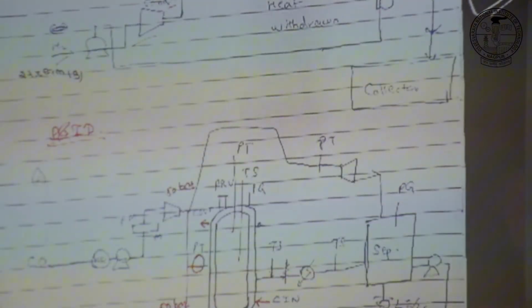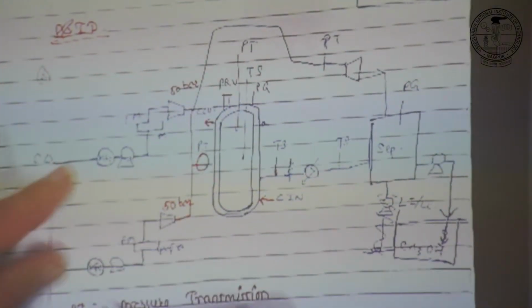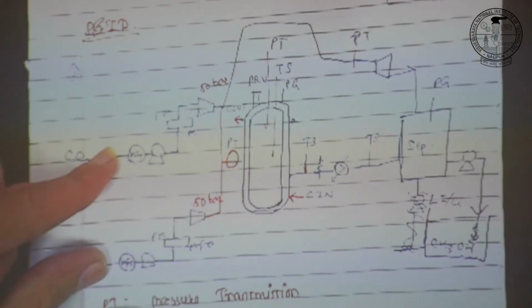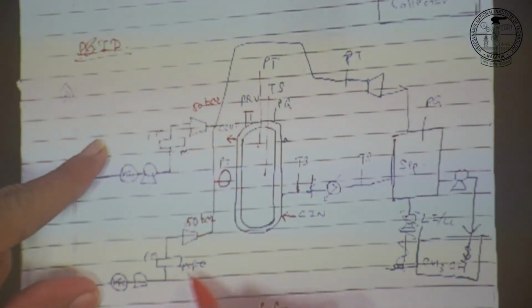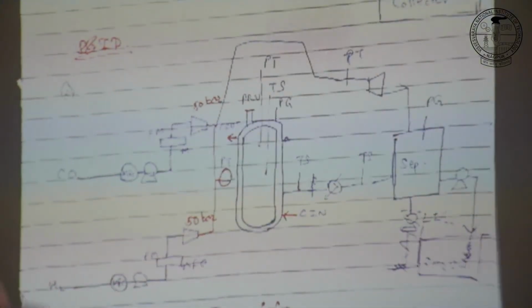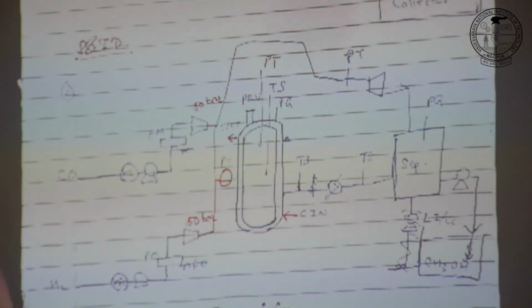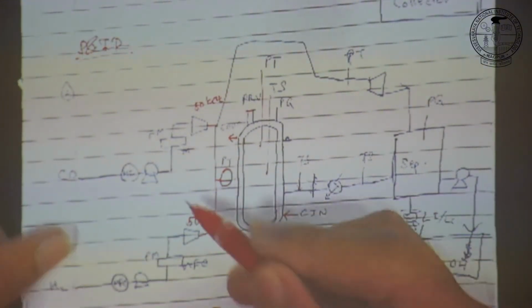Talking about the detailed P&ID, CO and H2 are passed through the MFCs, the mass flow controllers. Then the FM is a flow meter, indicating the flow of CO and H2 in liters per minute.